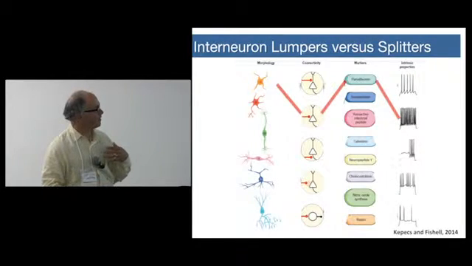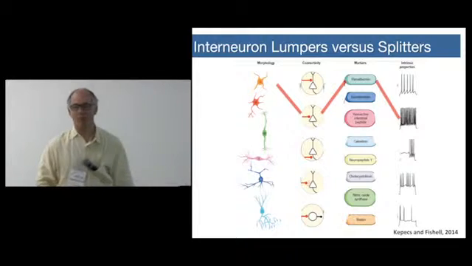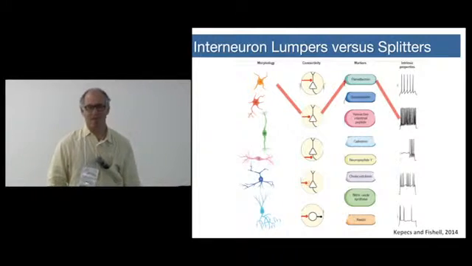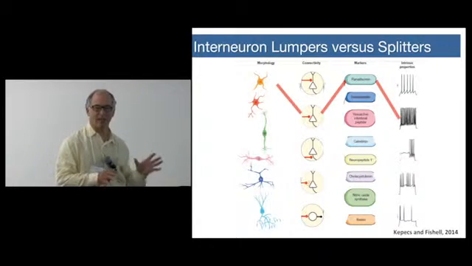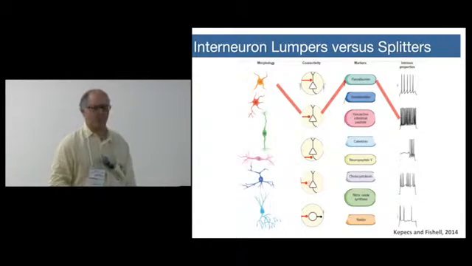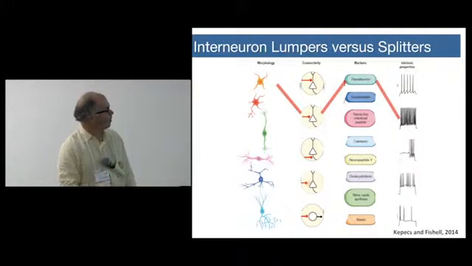So the question I'm interested in is, how do we create these wonderful different flavors? And every field needs its controversy, and ours is the lumpers versus the splitters, okay? So the lumpers, and I'm probably a slightly reforming lumper, say there aren't that many types. You can choose a column, and then based on morphology, where they actually connect to other cells, so do they give input to dendrites, soma, axons?